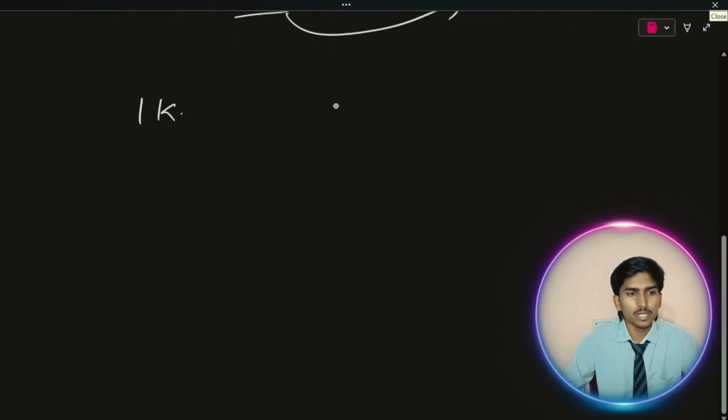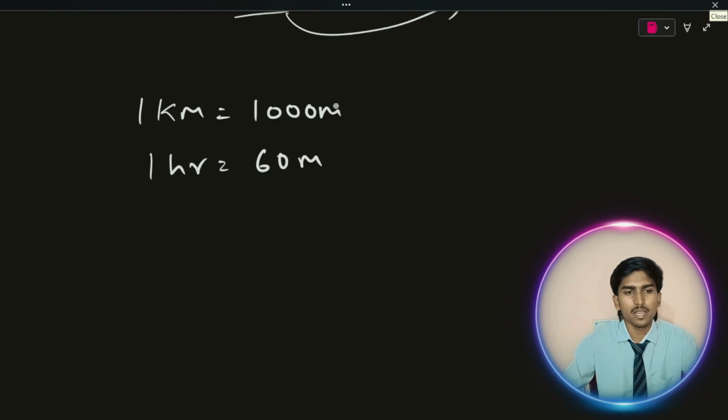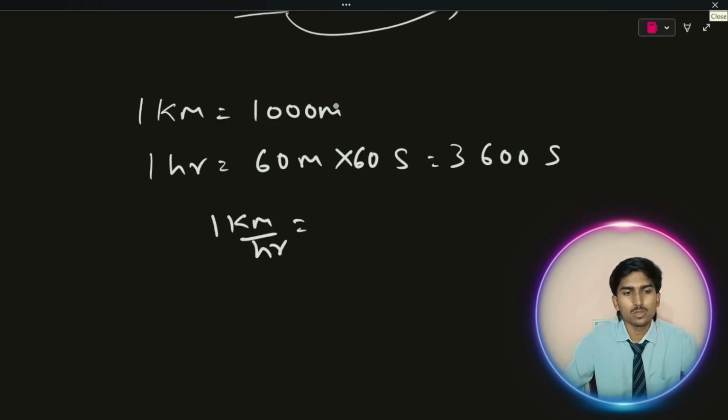We know that 1 kilometer is equal to 1000 meters. Okay, and 1 hour is equal to 60 minutes into 60 seconds, that is 3600 seconds. Remember this. And 1 kilometer per hour is equal to 5 by 18 meter per second.